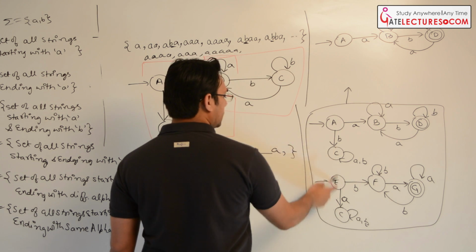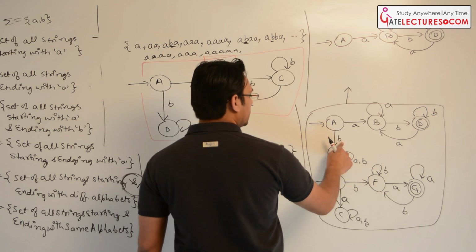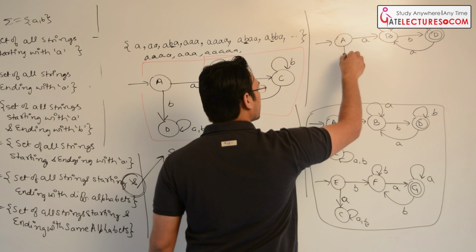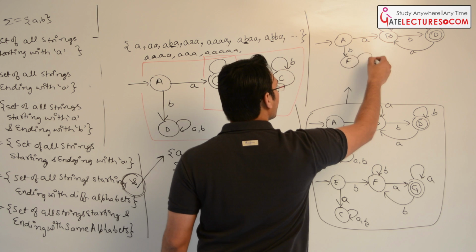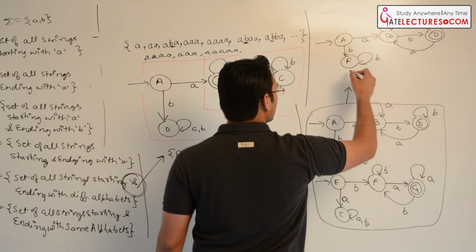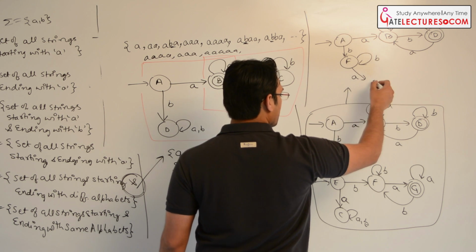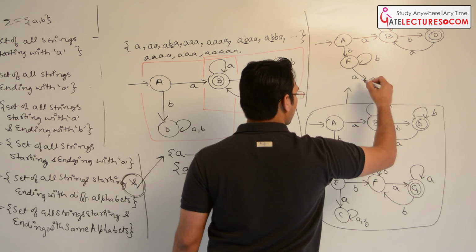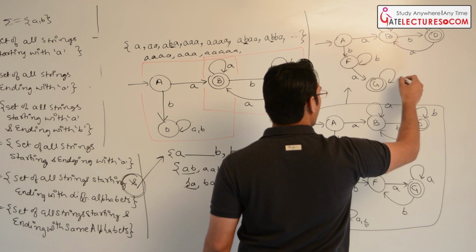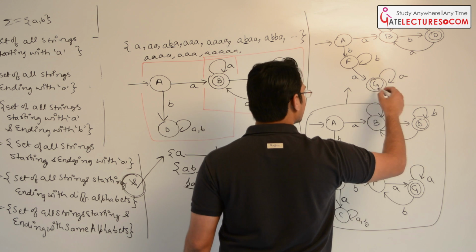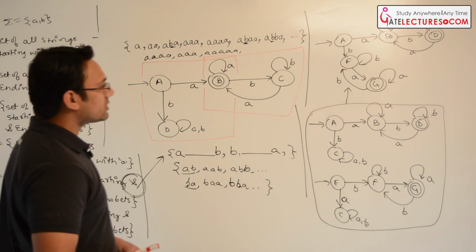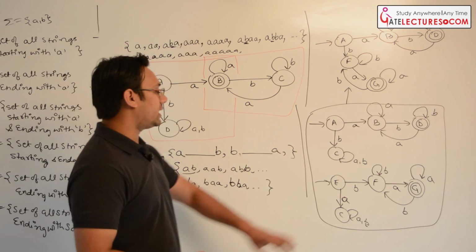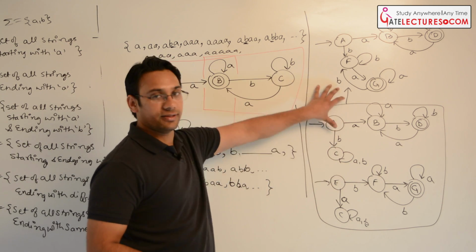And then here you can see B and B. Combine these two transitions. Okay. As you can see, we have just combined the initial states.